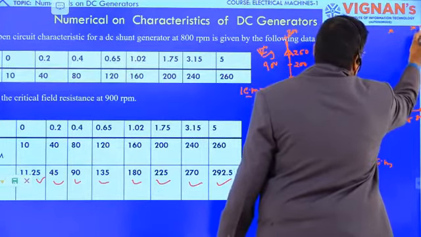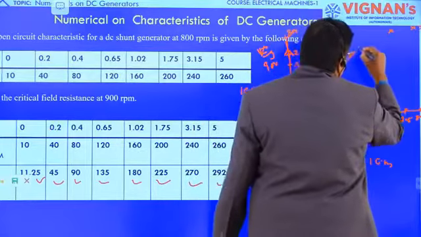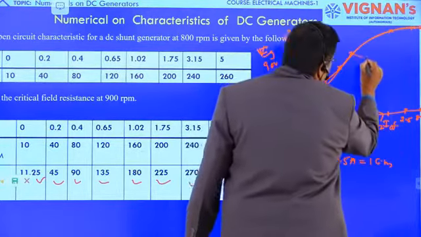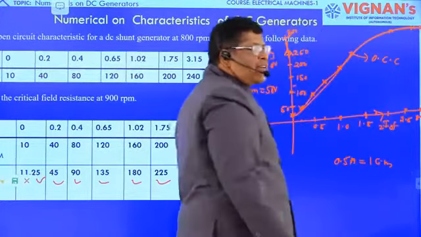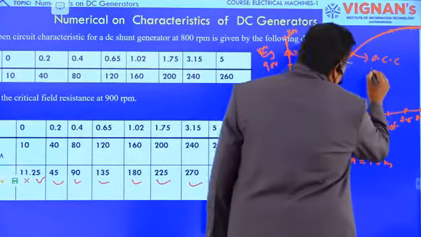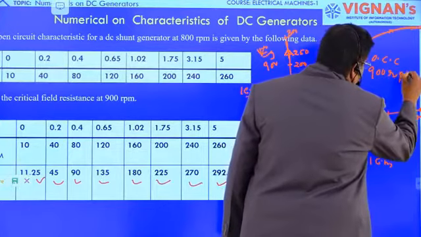Next point, you are getting it on that side. If you join all these points with a line, this is the OCC, the open circuit characteristics of a generator at 900 rpm.